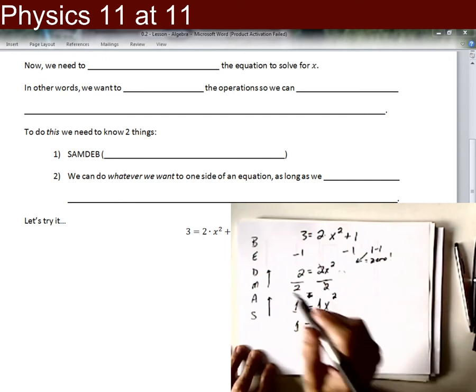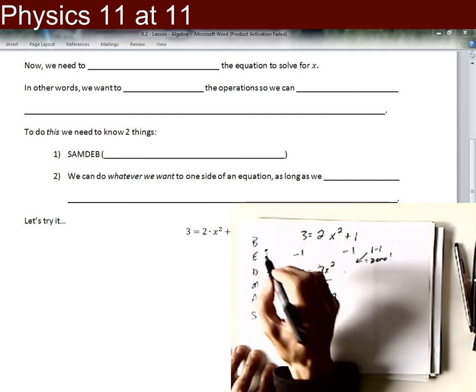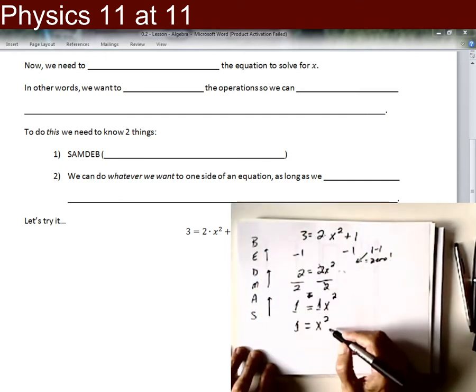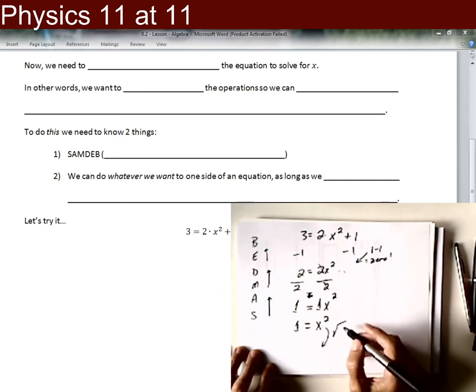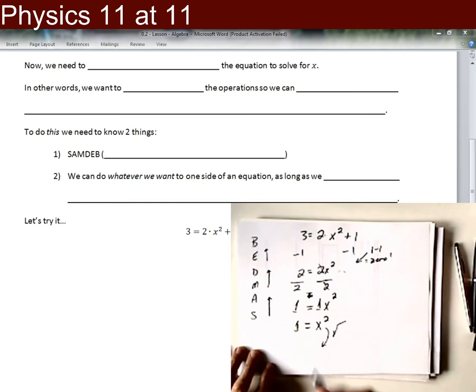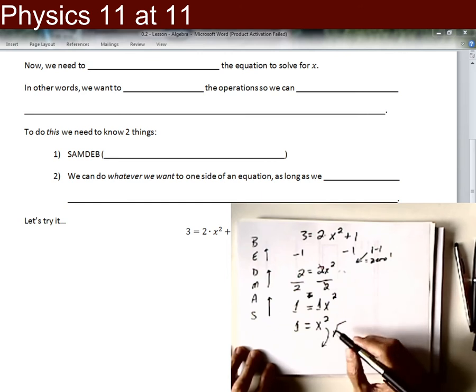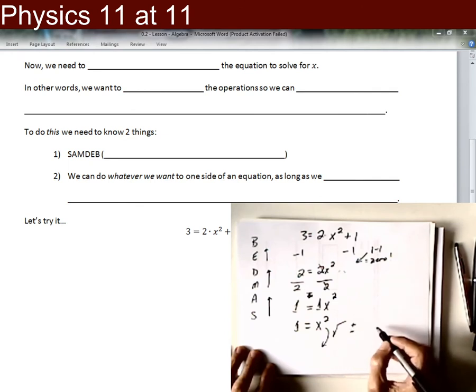And we're almost there. Next is to take care of the exponents. Well, there's an exponent there. To undo something that's squared, you take the square root of it. And importantly, there's another piece. When you do this, you end up getting a plus and minus showing up as part of the answer.